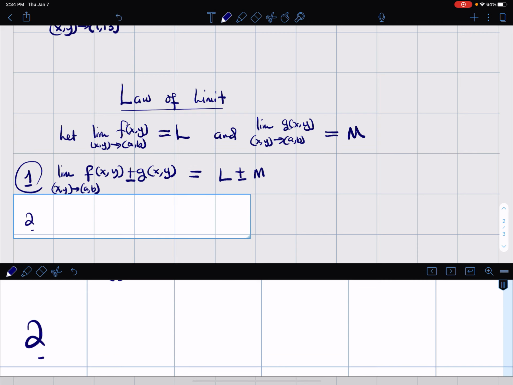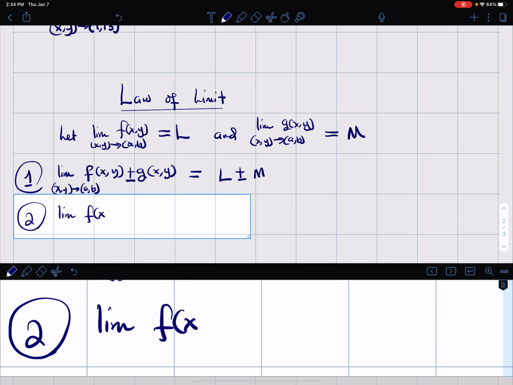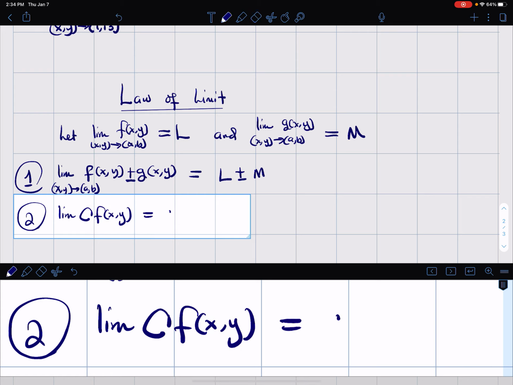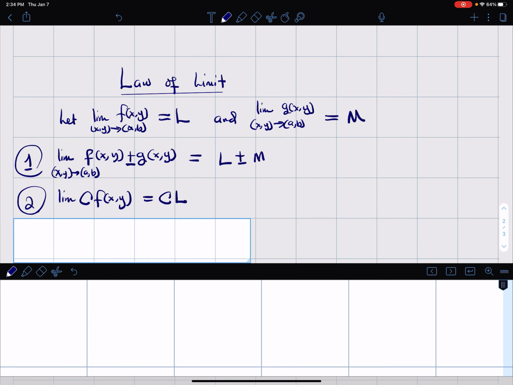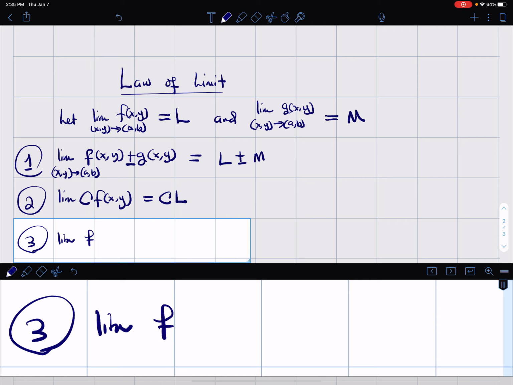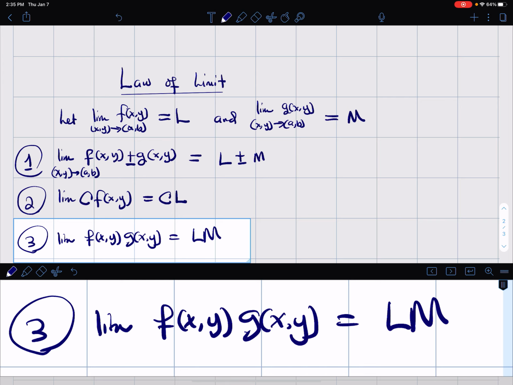Likewise, the limit of a constant c times f(x, y) is just going to be c times L. And the limit of f(x, y) times g(x, y) is just going to be L times m.